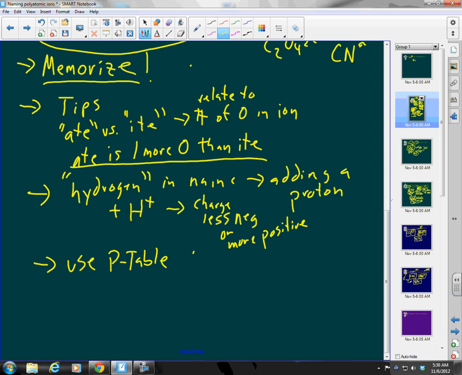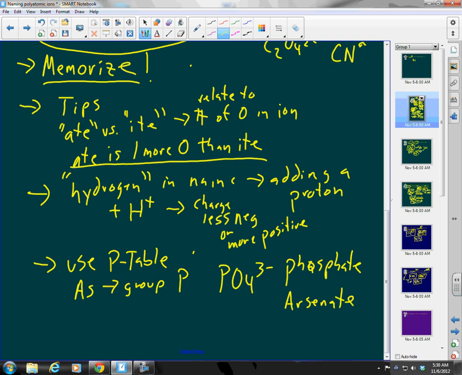For instance, arsenic is in the same group as phosphorus. So if phosphate forms PO4 3 minus, that's phosphate. What do we think would happen if I wanted arsenate?